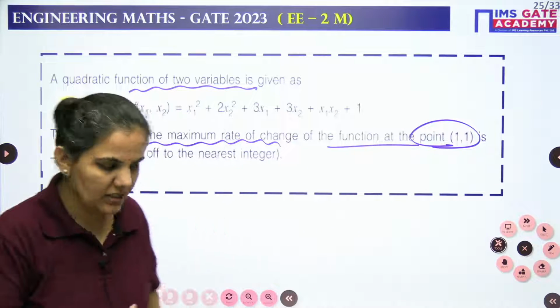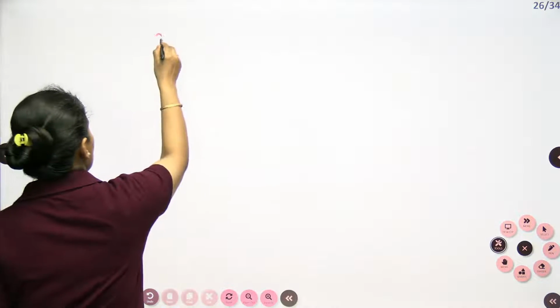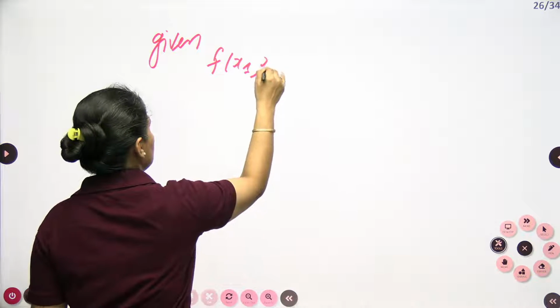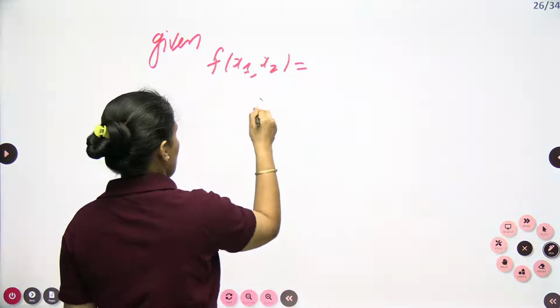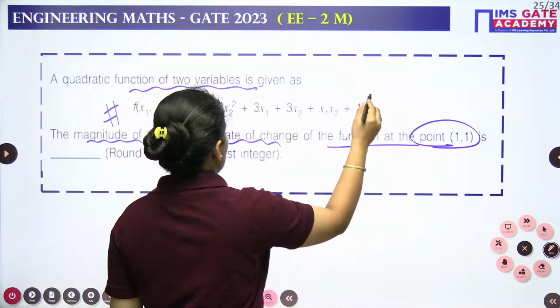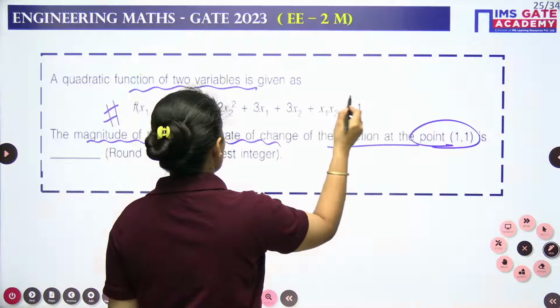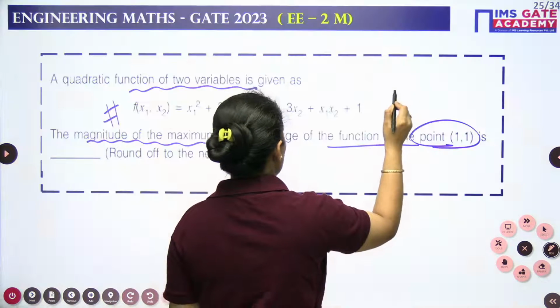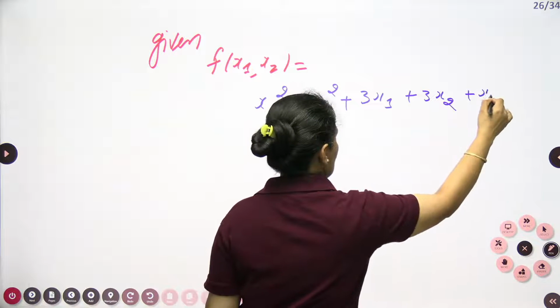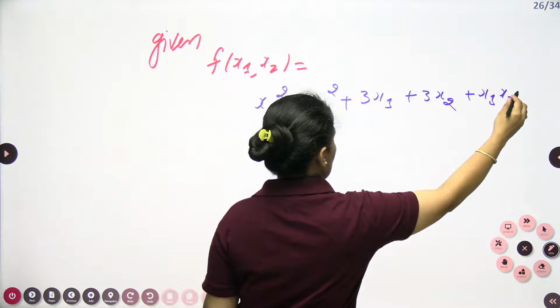So let's approach it. We can write down the given function f as x1 square plus 2x2 square plus 3x1 plus 3x2 plus x1 x2 plus 1.